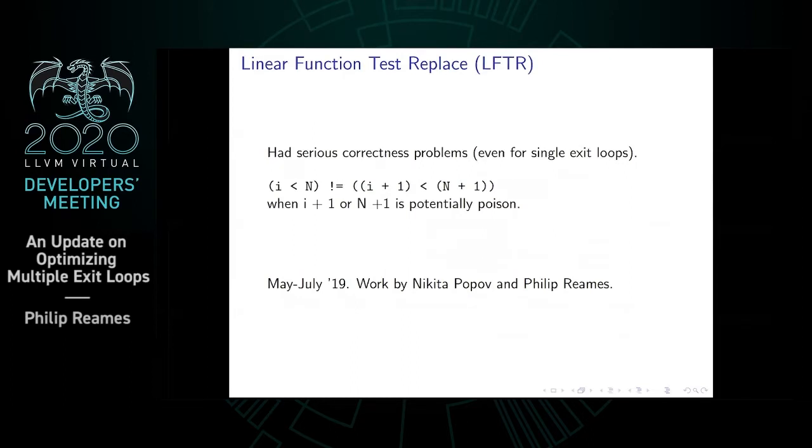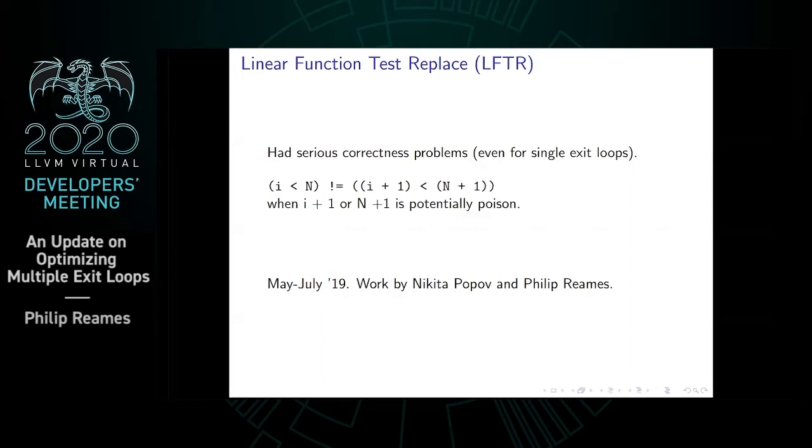When we went to actually do the multi-exit support here, we stumbled across an interesting problem, and actually stumbled across it from bug reports at about the same time for single exit loops: it turned out that the transformation as written had a serious correctness flaw. Specifically, it was not correctly reasoning about poison and undef semantics. One of the things it would try to do is pre-increment to post-increment conversion.